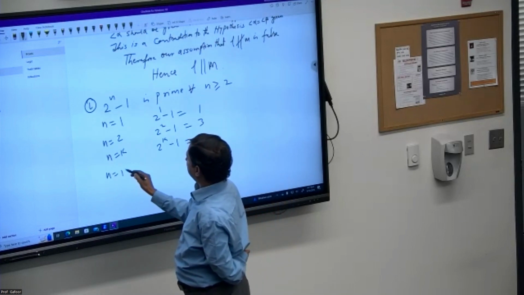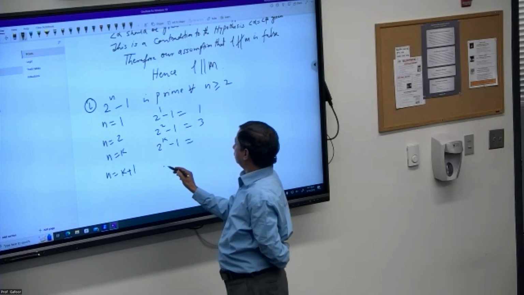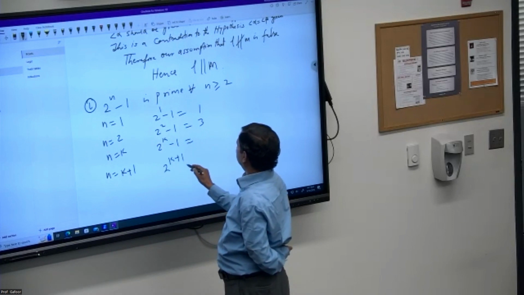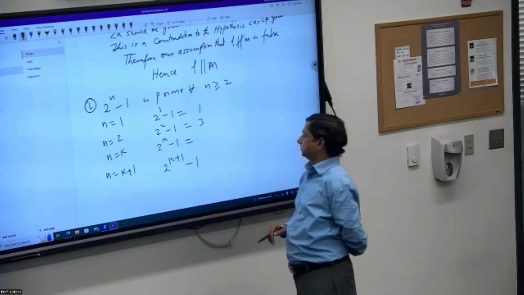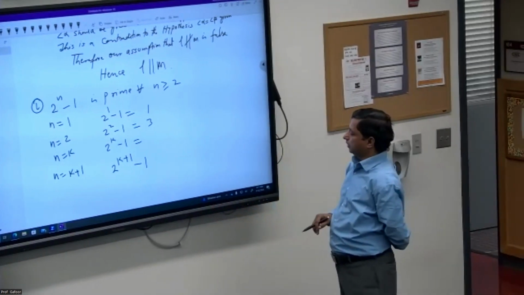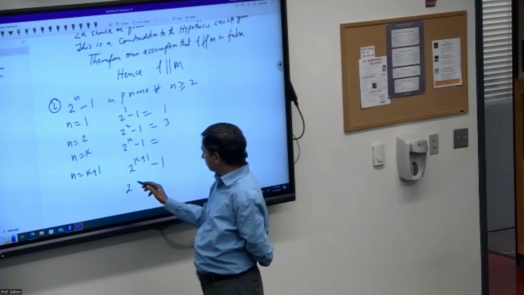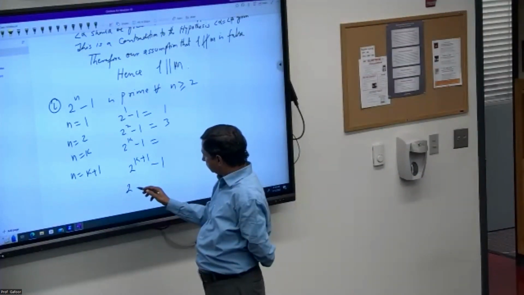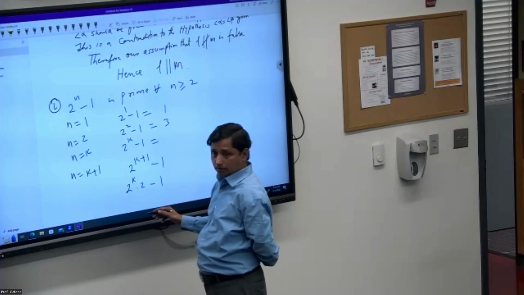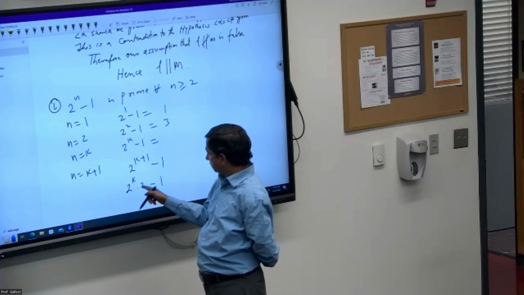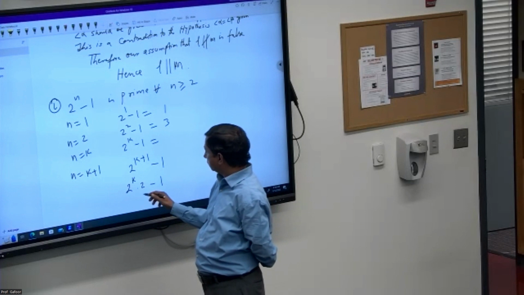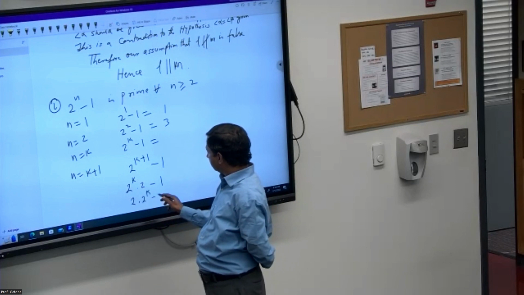Now n equal to k plus 1: 2 to the power of k plus 1 minus 1. That is a prime. Why? Because I can write it as 2 into 2 to the power of k minus 1.